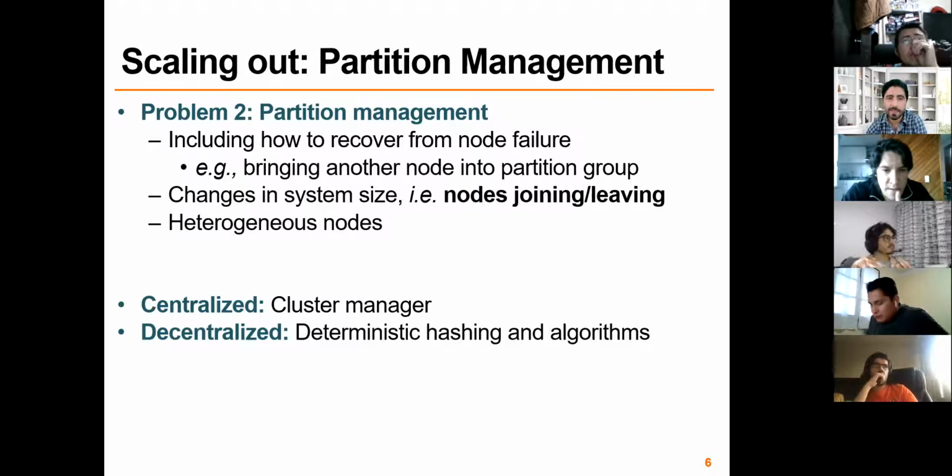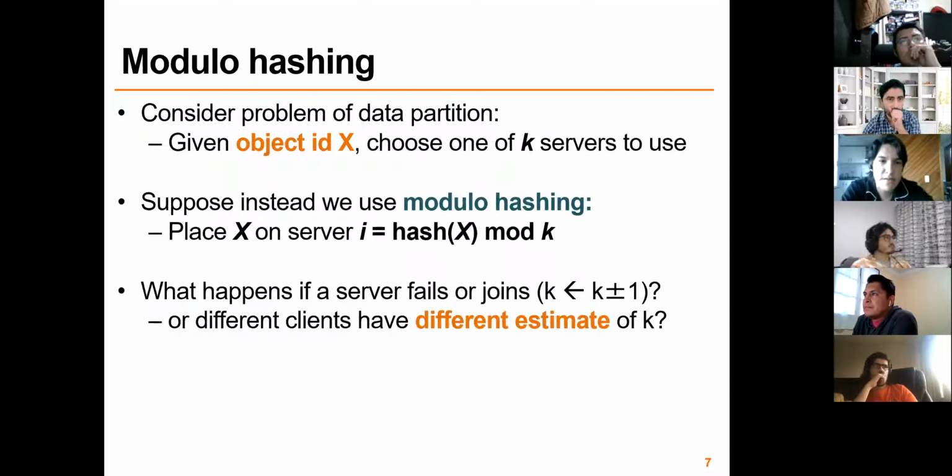You may deal with that problem in a decentralized way, using the same thing that we discussed: deterministic hashing algorithms. We talked about modular hashing last time. I'm going to mention it a little bit more here, just to remind you, and to show what the issue is.